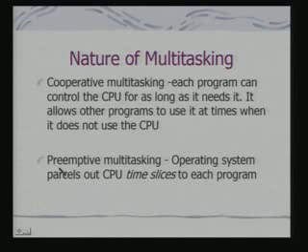Side by side, you have preemptive multitasking. In preemptive multitasking, a process which is in execution can be interrupted, that is preempted, and another process can be scheduled to run in its place.